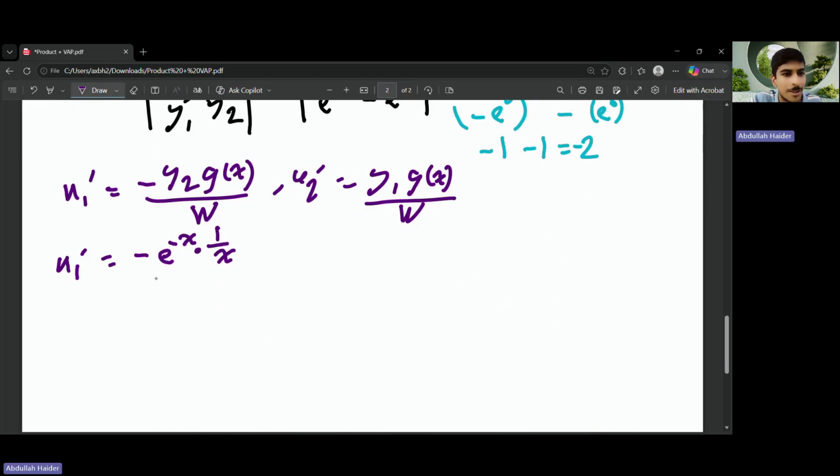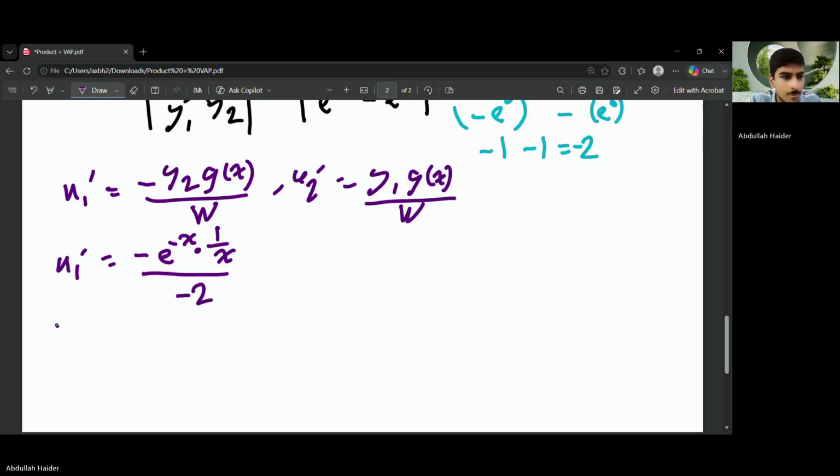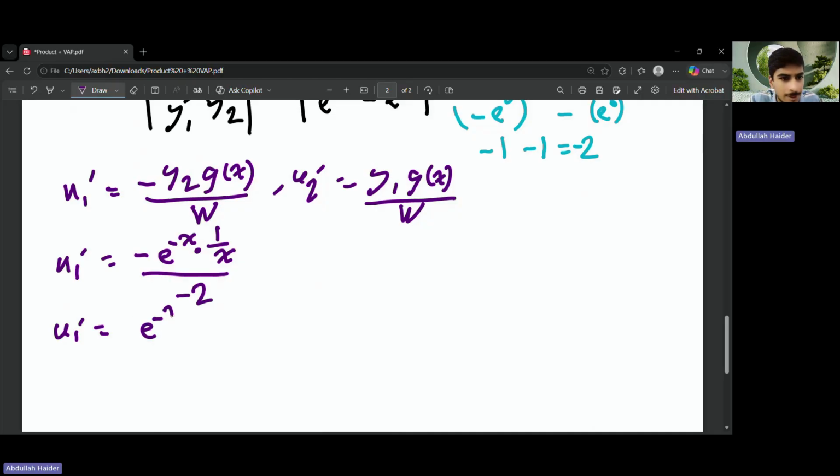So negative e power negative x multiplied by 1 over x, over the Wronskian, negative 2. And U1 prime becomes e power negative x over 2x. The minus and the minus cancel out.